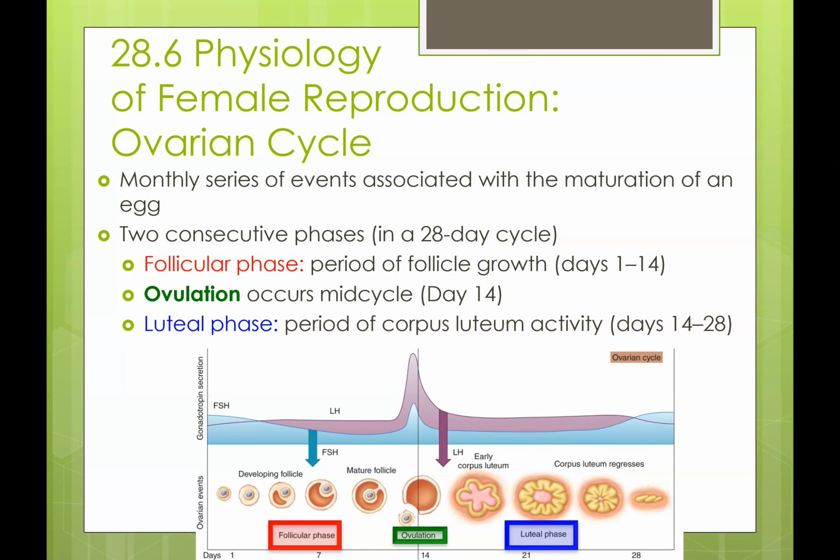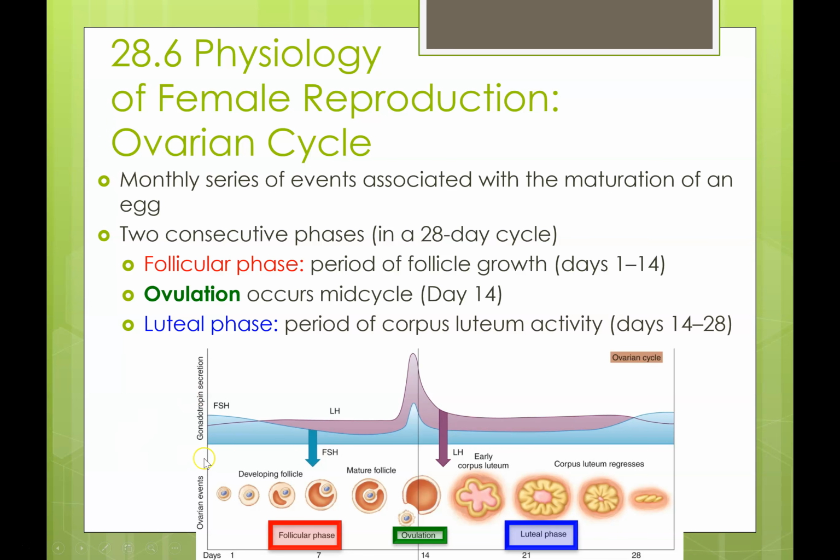So I want you to also take note of what's happening with our gonadotrophin hormones here. Our follicle stimulating hormone was first discovered in a female, which is why it's called follicle stimulating hormone, even though we know that the males also secrete FSH, but they are not stimulating any follicles, but instead stimulating sperm production.